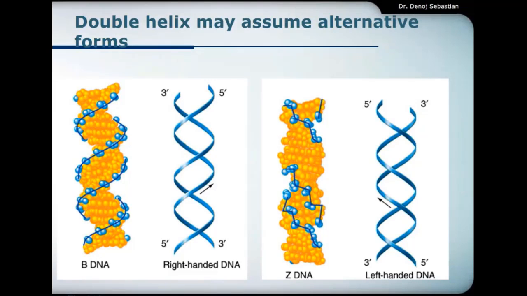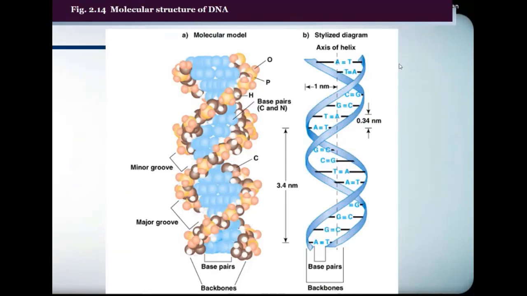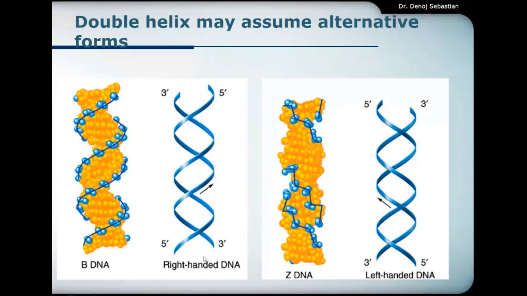The strands are anti-parallel, as you know, and we have a molecular model represented here. Then this is the right-handed DNA and the left-handed DNA. B-DNA is an example of a right-handed DNA, and Z-DNA is an example of a left-handed DNA with a zigzag chain.